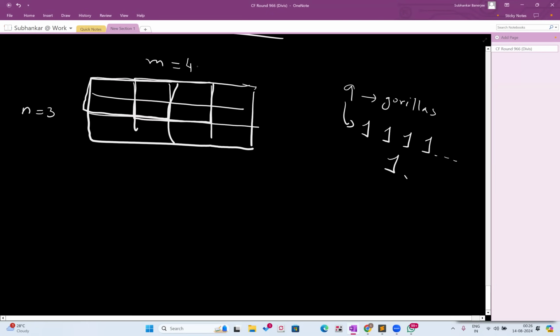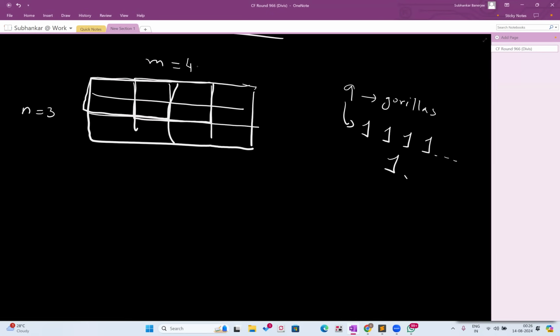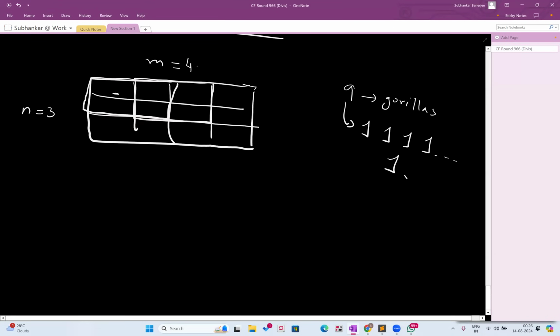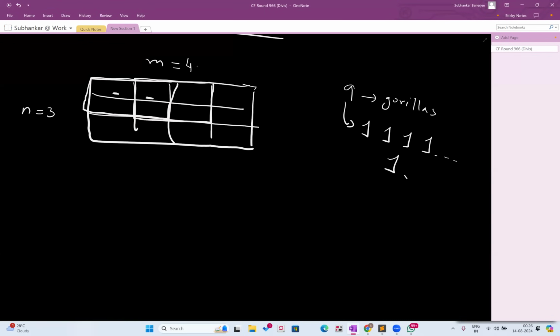So basically, how will we approach this problem? Basically, we will just see that if I keep the gorilla in a particular cell, suppose this cell, how many subsquares are passing, or rather of how many subsquares it is the part of. So the answer will be multiplied by that.